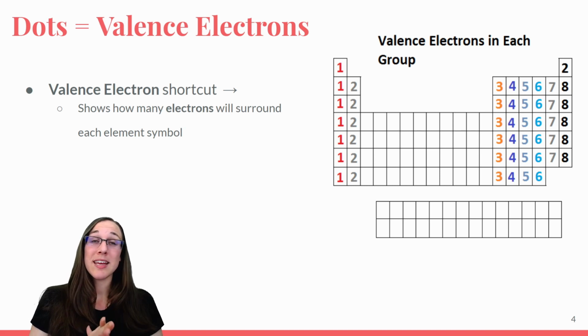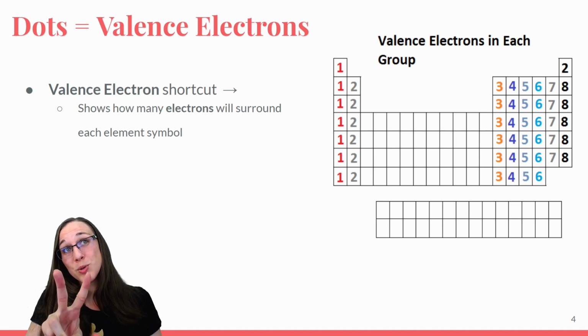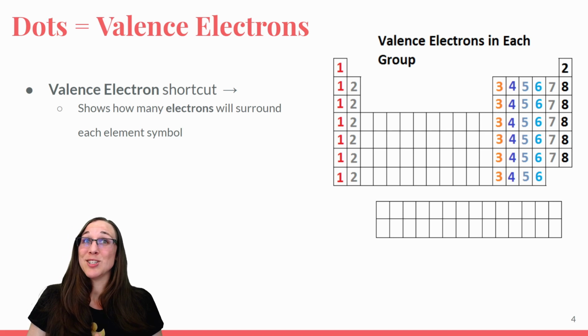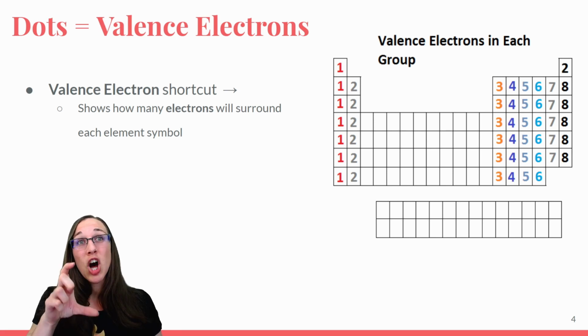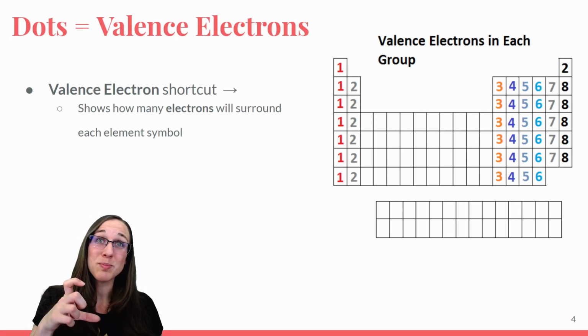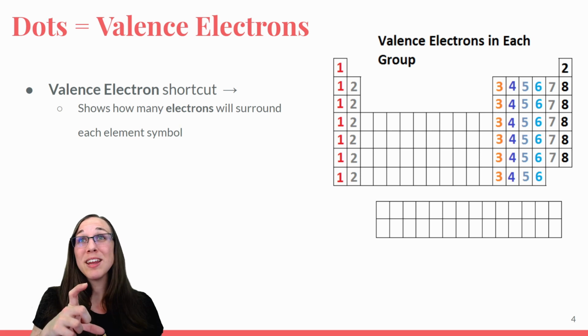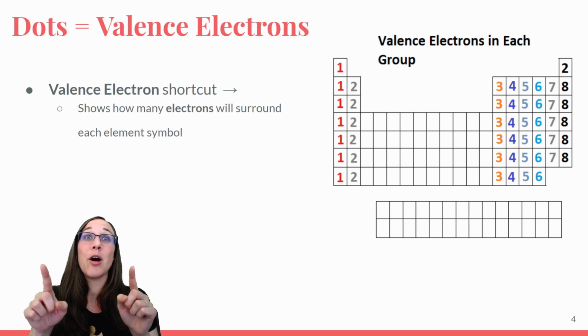Whereas helium is all the way on the right side with the 2 on the top. That means it has 2 valence electrons, or 2 electrons in the outermost shell. So any of those positions in the column represent an atom specifically in its position and how many valence electrons it'll have in the outermost shell.